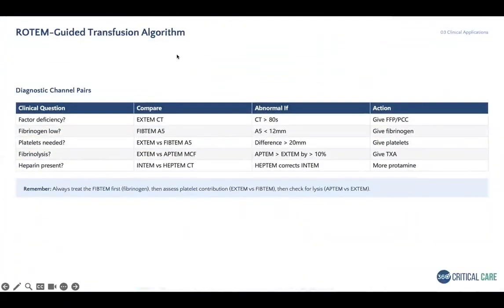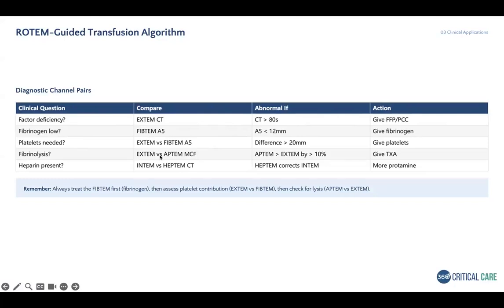So basically, this is a summary of interpretation of the ROTEM. If the EXTEM CT is prolonged, you have factor deficiency, you treat them with FFP or prothrombin complex. If the FIBTEM A5 is low, then you have fibrinogen deficiency, you treat with fibrinogen concentrate or cryoprecipitate.